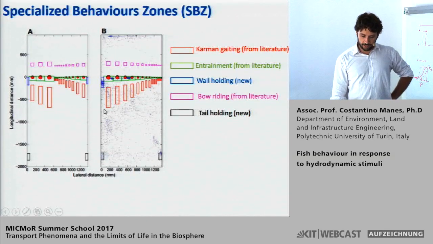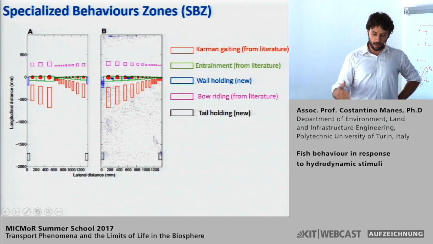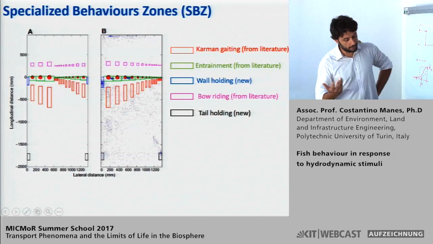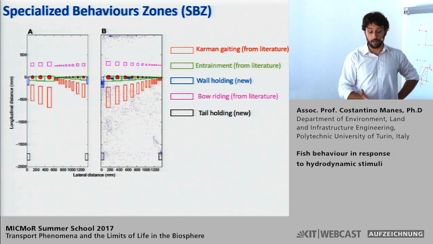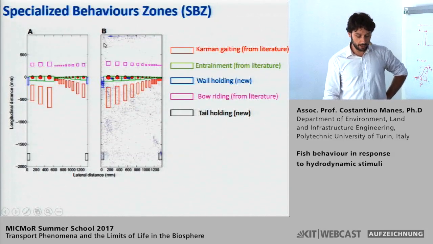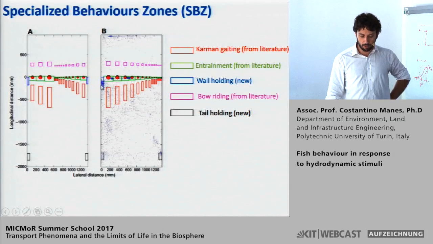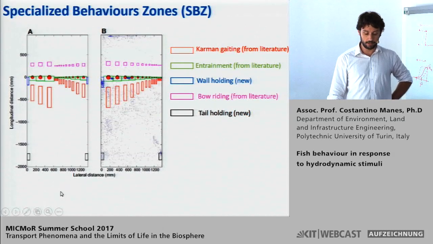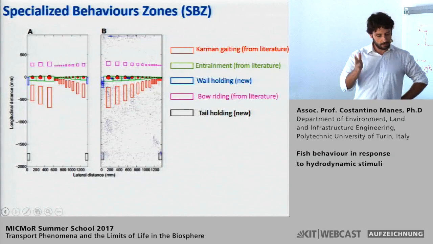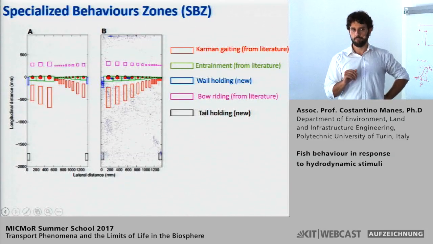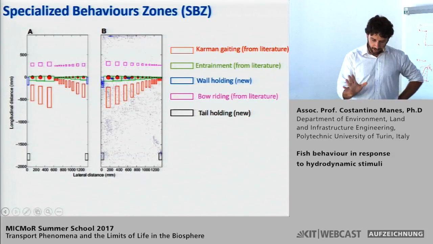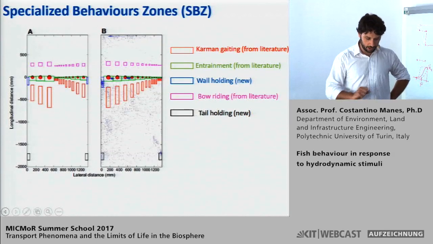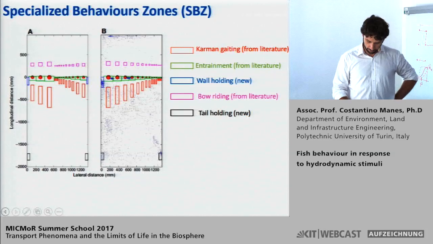However, it's not that far off from areas where the fish would do entrainment, so we have interpreted it as a sort of entrainment. But why there is energy saving in proximity of a lateral wall and a cylinder, we are not that sure. Okay, but again, these are the potential areas at low energy cost for the fish.